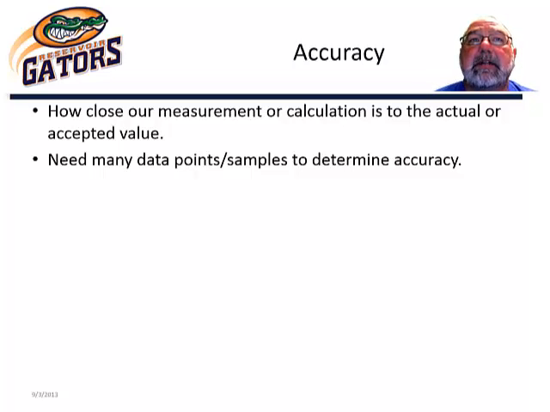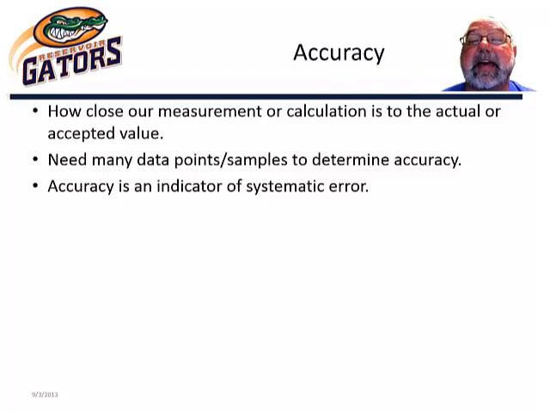Better than just one sample per group would be to take all of the groups in my classes and come up with an average of the results, and that would hopefully give us a good amount of accuracy. The accuracy is an indicator of systematic error.